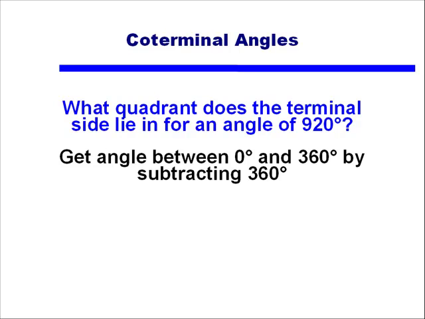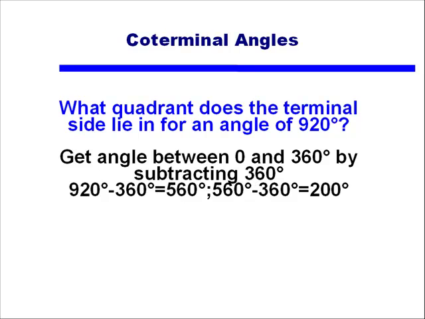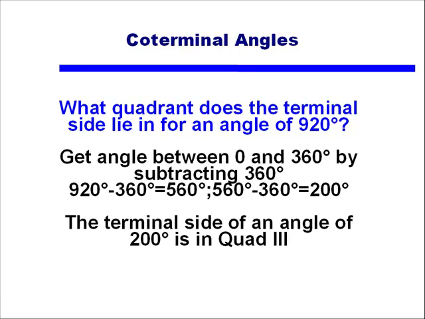So if I take my 920 and subtract from it 360 degrees, I end up with 560 degrees, which is still not between 0 and 360. So if I subtract out again another complete rotation of 360 degrees, then I end up with 200 degrees, and that is between 0 and 360 degrees. In fact, I know that an angle of 200 degrees ends up with its terminal side in quadrant 3.